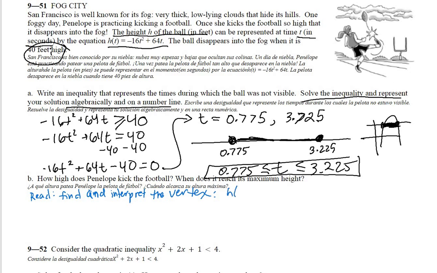So I've got h of t is equal to negative 16t squared plus 64t, which is the same as negative 16t, I'm just going to factor it, times t, what's 64 divided by 16?